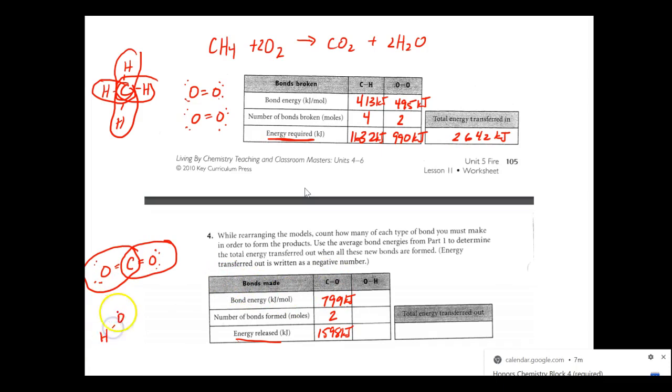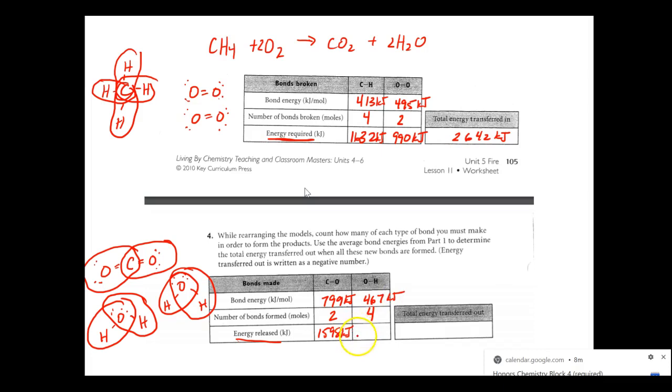And then we also have two water molecules. So here I have a drawing of my water molecule. And again, I count how many hydrogen-oxygen bonds I have. And in this case, we have 4 hydrogen-oxygen bonds, and I look at my table, and each of those bonds will release 467 kilojoules of energy.